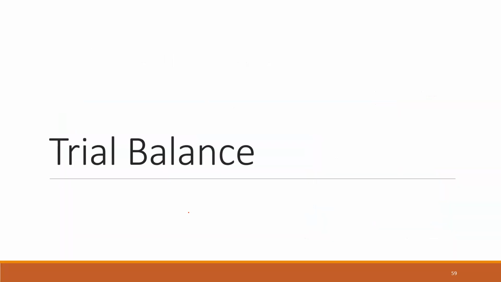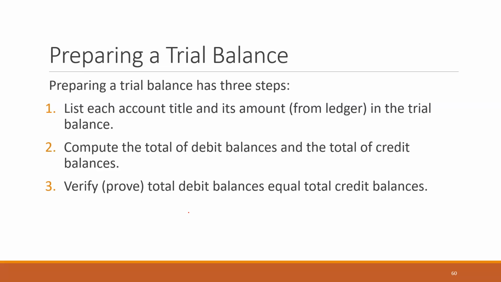Okay. Once we get to the end of an accounting period, we create what is called a trial balance. So we have 3 steps for a trial balance. First, we list every single account that we have, and then we list the balance in all of those accounts by is it a debit balance or a credit balance.